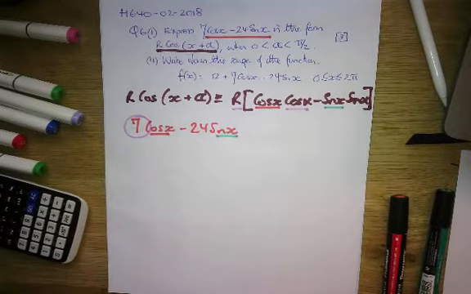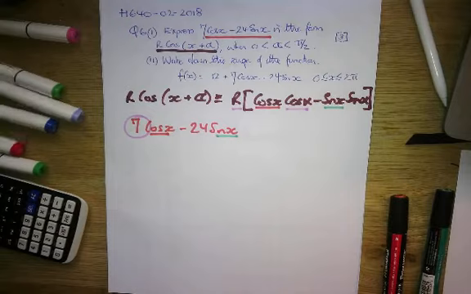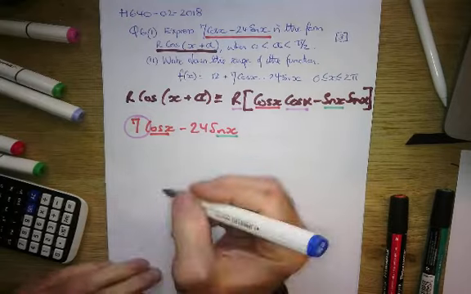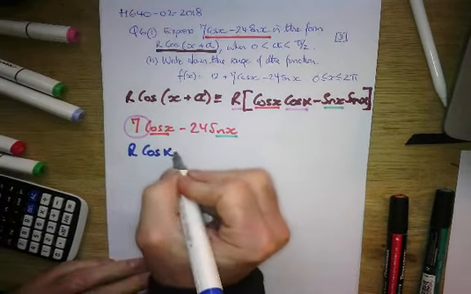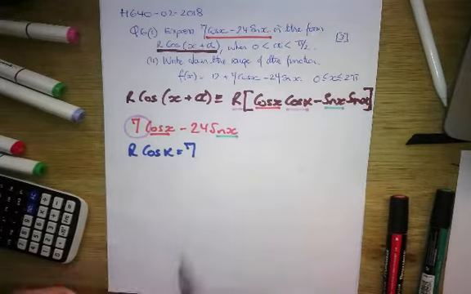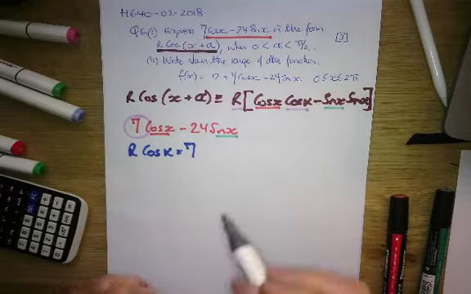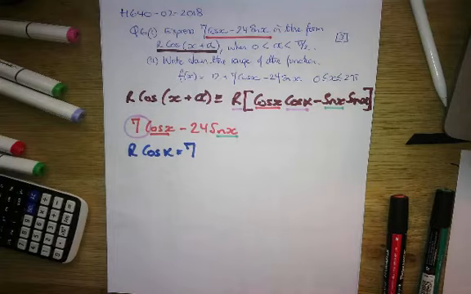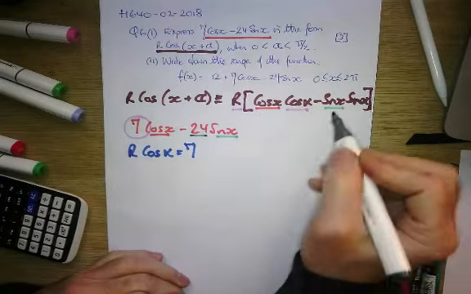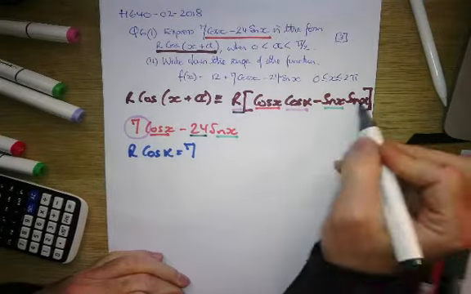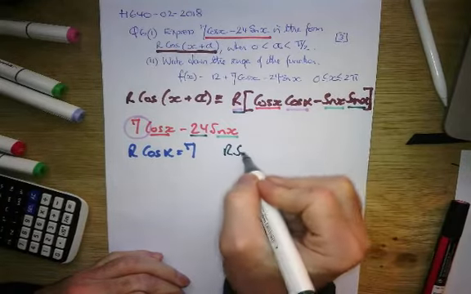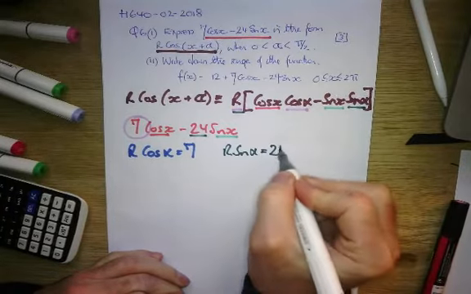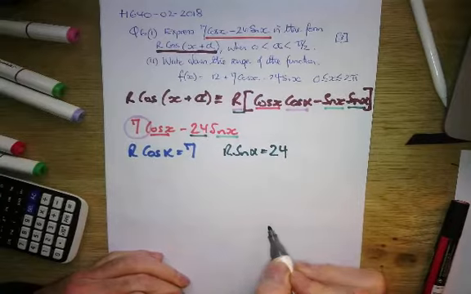So we know that r cos alpha equals 7. And in the same way, you should be able to connect the 24 to r sine alpha. So we now have r sine alpha equals 24.